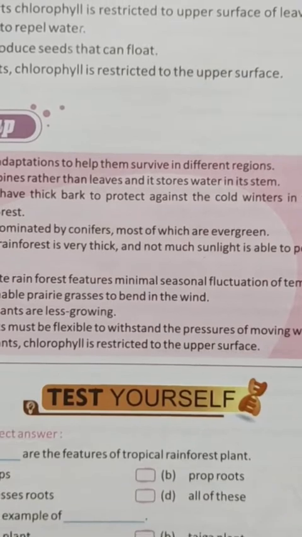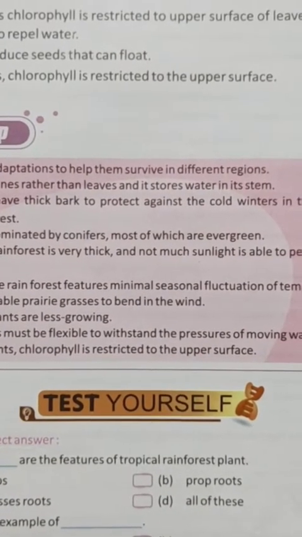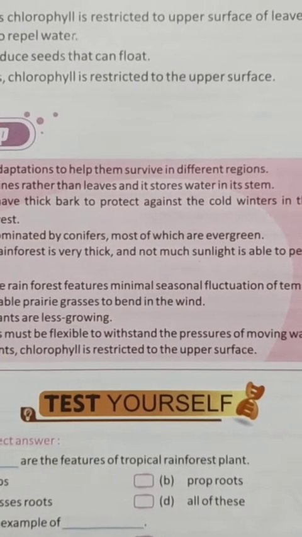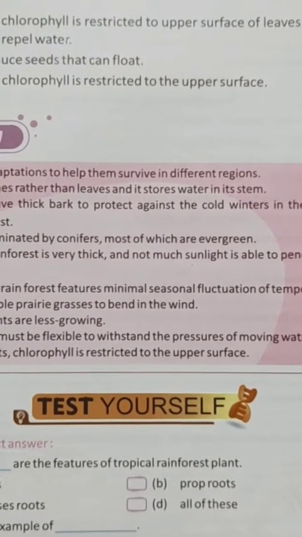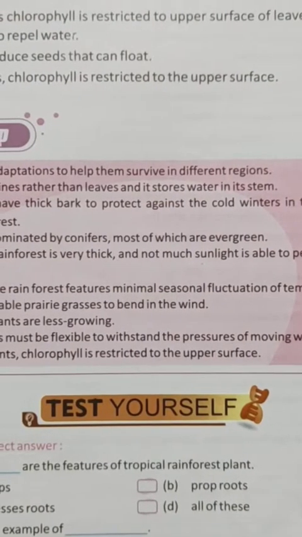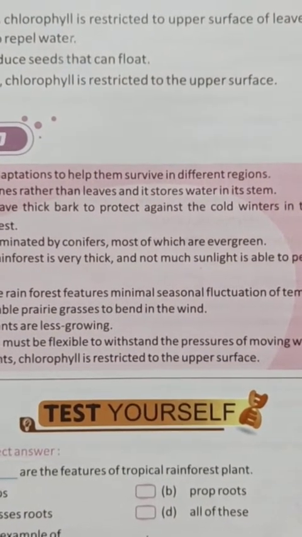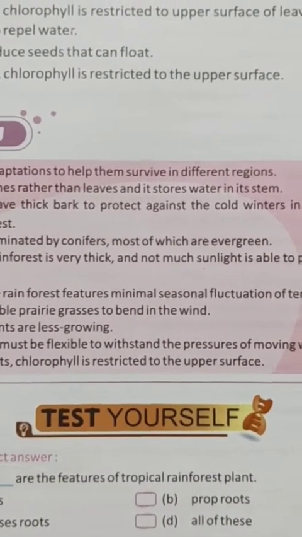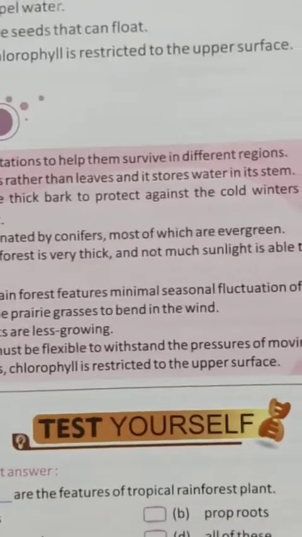The temperate rainforest features minimal seasons and temperature fluctuation. Soft stems enable grasses to bend in the wind. Tundra plants are slow growing. Aquatic plants must be flexible to withstand the pressure of moving water. In floating plants, chlorophyll is restricted to the upper surface.